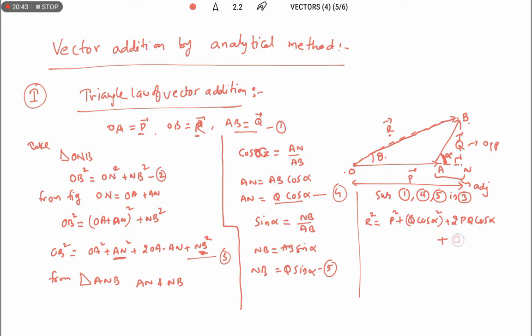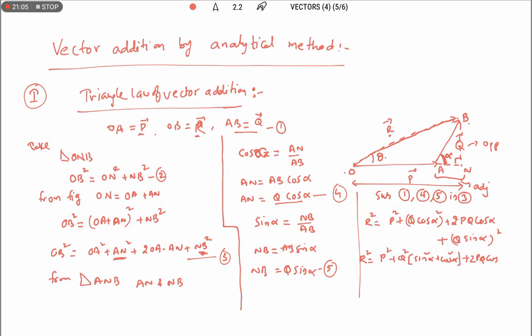NB square is nothing but what? Q sin alpha whole square. Here R square we can write as P square plus Q square (sin square alpha plus cos square alpha) plus 2PQ cos alpha.